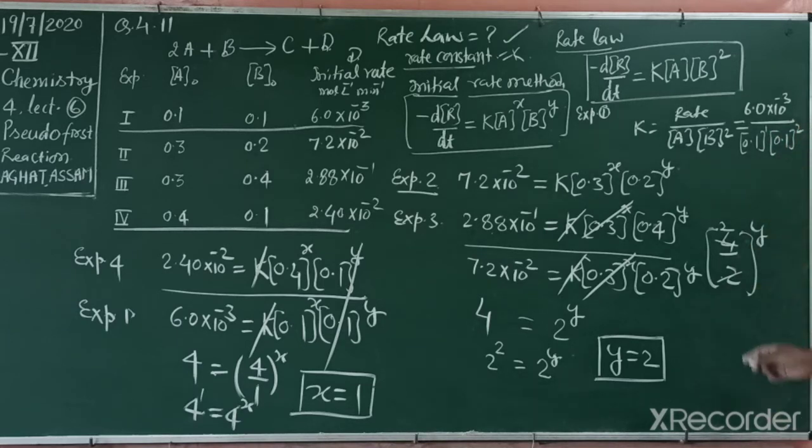If you solve this, we get 6.0 into 10 to the power minus 3 divided by 0.1 to the power 3. Then 0.1 means 10 to the power minus 1, so 0.1 cubed is 10 to the power minus 3, and this value cancels. So overall we get the answer 6.